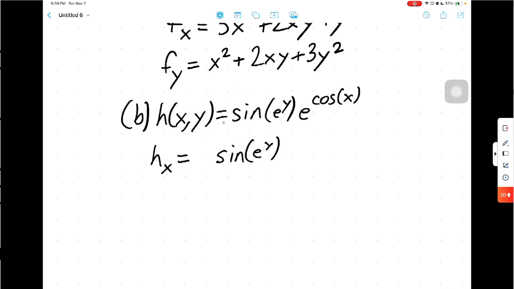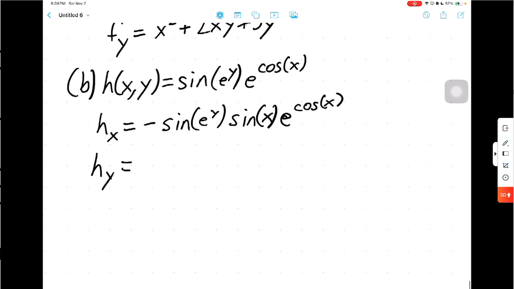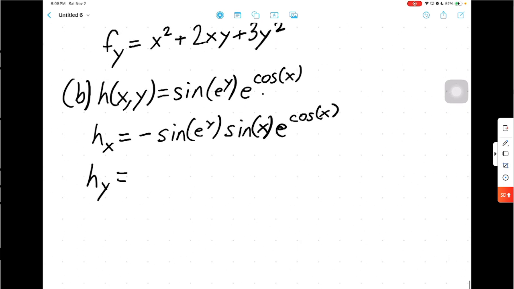So the derivative of cosine x is negative sine x. So we're going to have sine of x here, a negative here, and then e to the cosine of x like so. h of y: here now the e to the cosine x is a constant, so that stays. And then we're going to have e to the y times cosine of e to the y. This is directly from chain rule. e to the cosine of x.